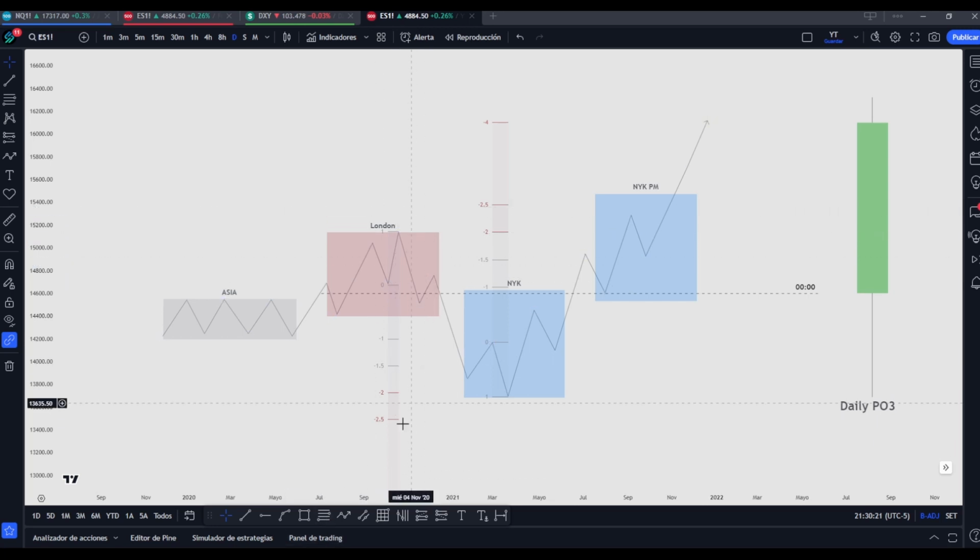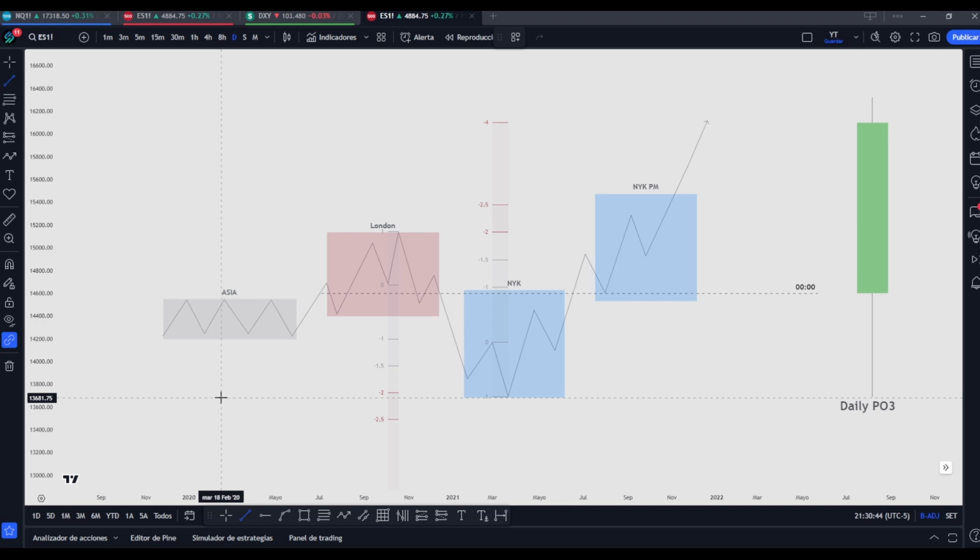As we said, the previous standard deviation works to measure the next standard deviation. So we have our manipulation leg on our manipulation session, London. We project down till negative 2 deviation.